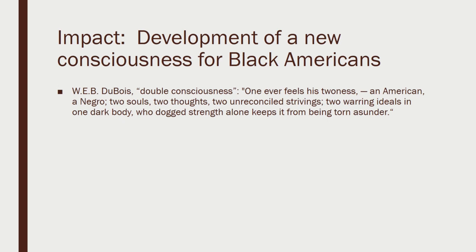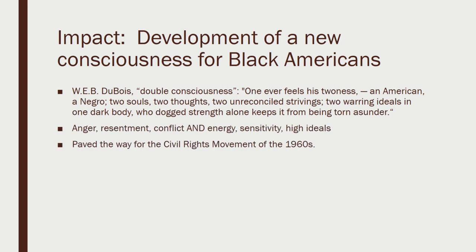Because he believed that there were like two souls within one person, two thoughts within one person, two unreconciled strivings, two warring ideals. In other words, what does it mean to be Black and American, particularly during this time period? And so these were questions that the Renaissance raised.